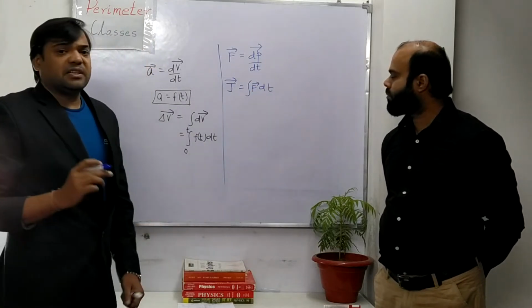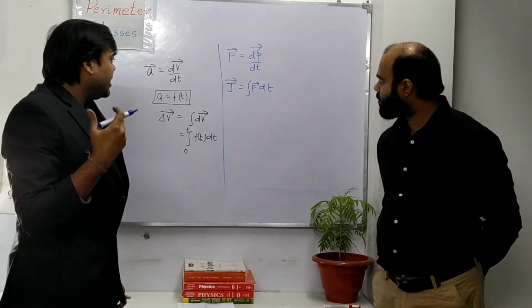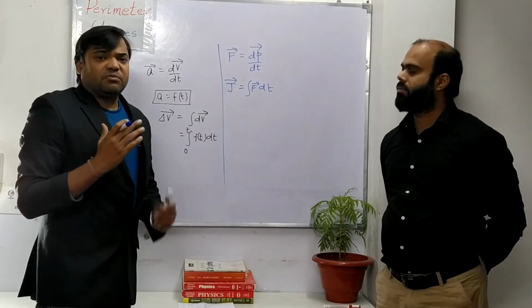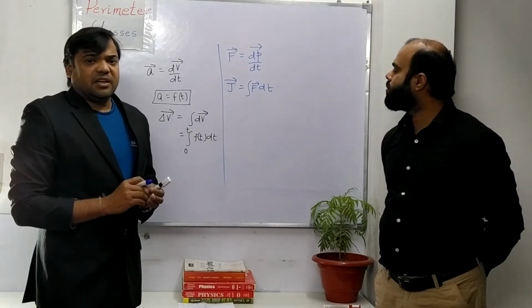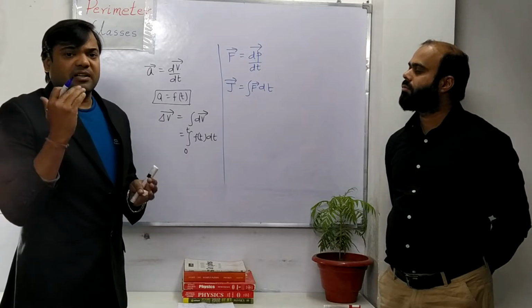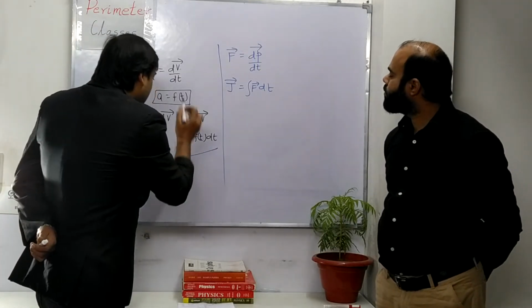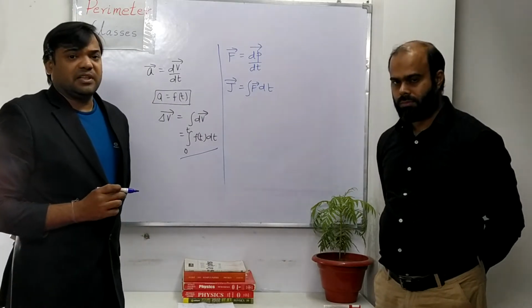And if force is given as a function of time, I would like to take an example where force as a function of time is given, and using that we can integrate this function and we will get the change in linear momentum. The integration is similar to what we have discussed in the case of change in velocity.